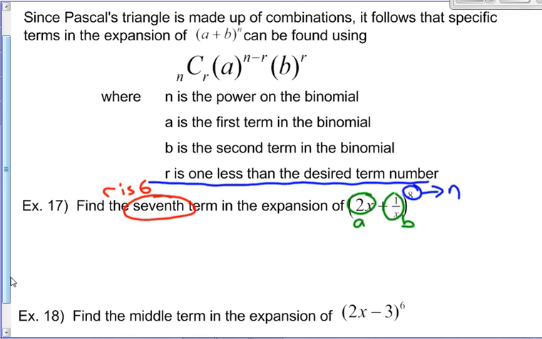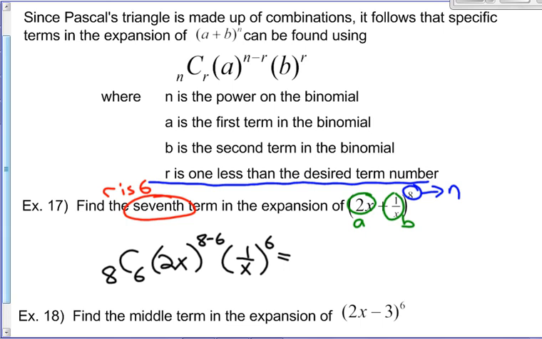Let's use that formula that's above. So it would say nCr, so 8C6 of a, that's 2x, to the power of n minus r. So that's 8 minus 6. b, which is 1 over x, to the power of r, which is 6. Now, we can work this out. 8C6, you can go to your calculator. That's 28. 2x to the 8 minus 6. Make sure you do that 8 minus 6 in your head. That's just 2.